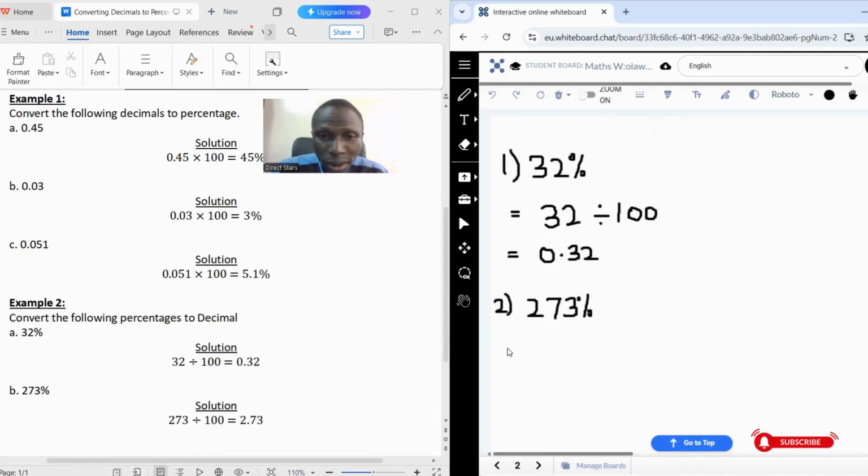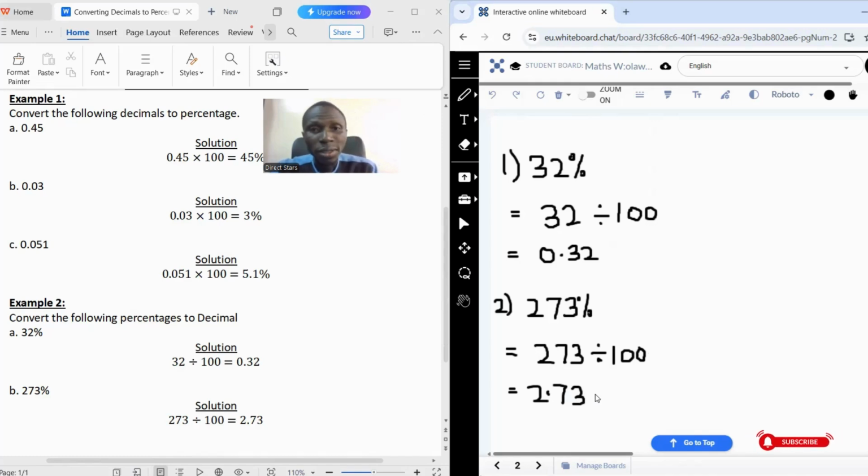So we have 273 divided by 100. So we're going to have 2.73.